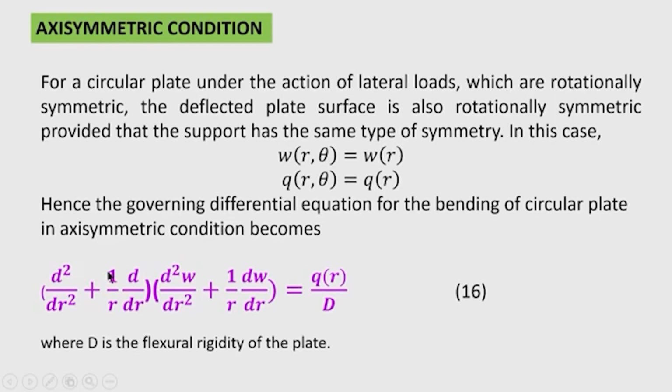Therefore, the Laplacian operator reduces to only two terms, del square by del r square plus 1 upon r d by dr, and this quantity is equal to q(r) by D. This is a very simplified situation, and in most practical cases this situation exists. So, we take this differential equation of the plate to find the deflection and other stress resultants.